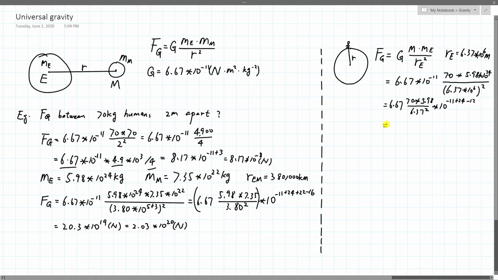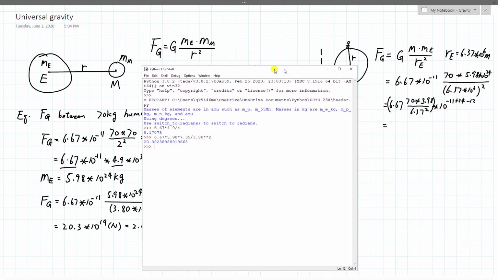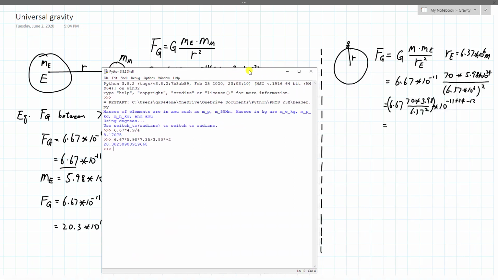Okay, so let's calculate the values in the parentheses. So we have 6.67 times 70 times 5.98 divided by 6.37 squared.